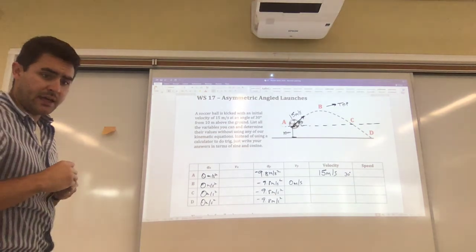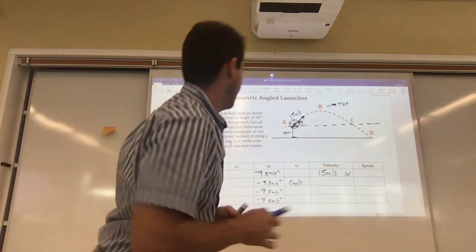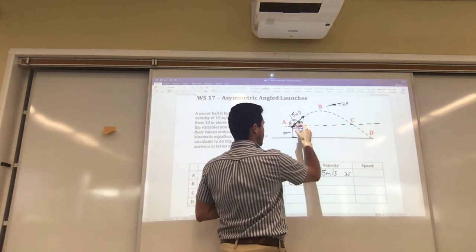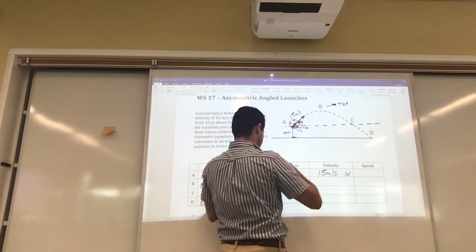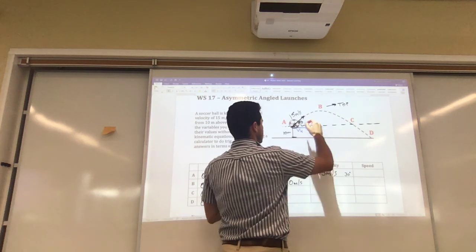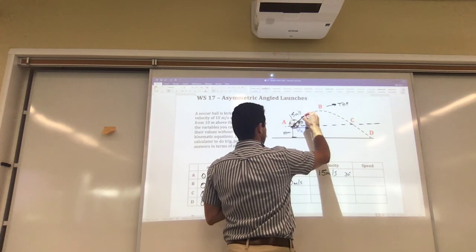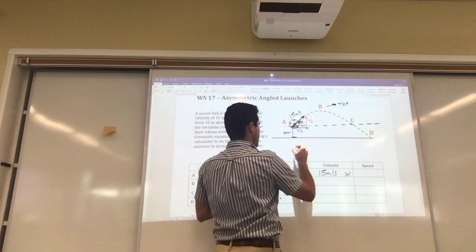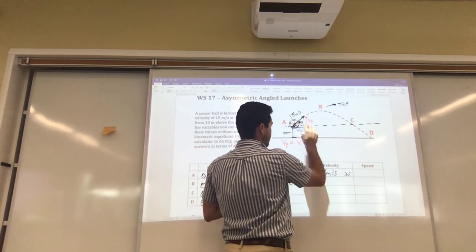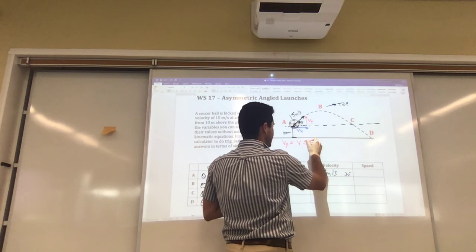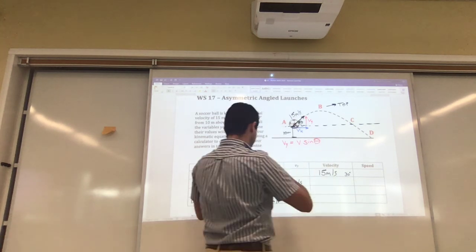Let's go ahead and analyze what's going on here initially. Well, here's my vector triangle. There's Vx. Here is Vy. If you don't remember, Vy is going to be equal to V initial times, because it's the opposite side, times the sine of the original angle.